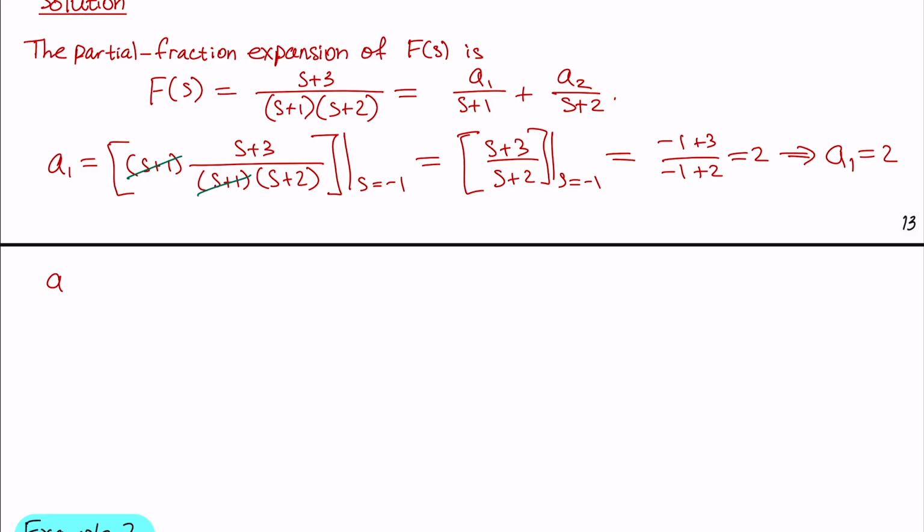Okay, for A2, we're going to do the same thing, except we're going to use the second one, (s + 2). So we multiply (s + 2) times our original fraction, (s + 3) divided by (s + 1) times (s + 2). This will be evaluated at s equals minus 2. That is the pole for this.